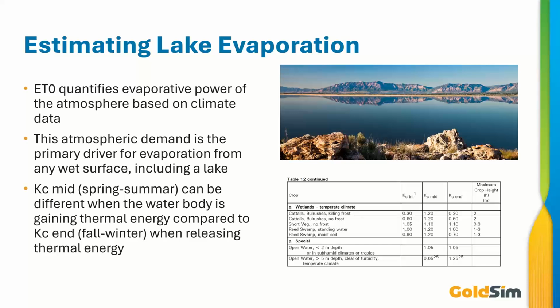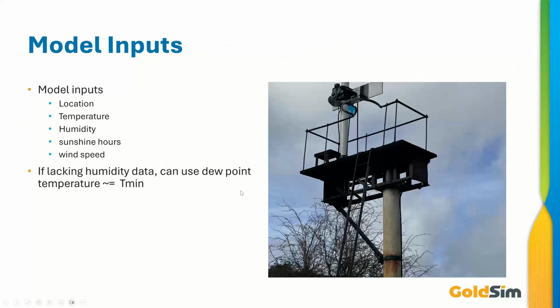There are notes about it in the table, as you can see there, under where it shows open water is greater than 5 meters. But anyway, I'm bringing this up just because this methodology can be used for calculating lake evaporation. And then there are model inputs. There's some weather data that you'll need for this model. I'll talk about it when we get into the model itself.